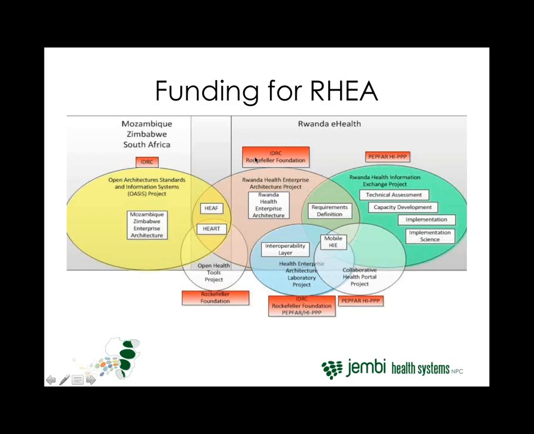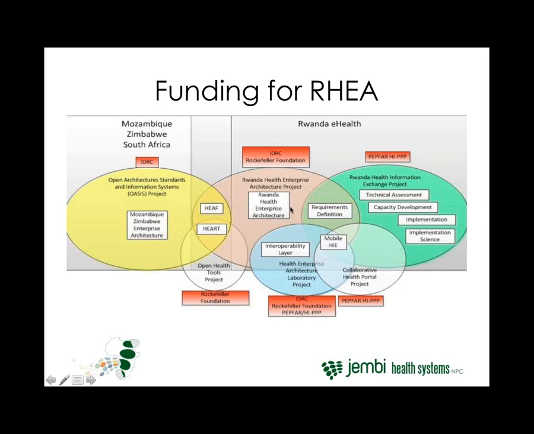And within this, both of these funded by IDRC, moving into Rockefeller Foundation, and then moving into the Rwanda Health Information Exchange project funded under PEPFAR HIE. The white blocks are illustrative of particular projects, sub-projects within it.